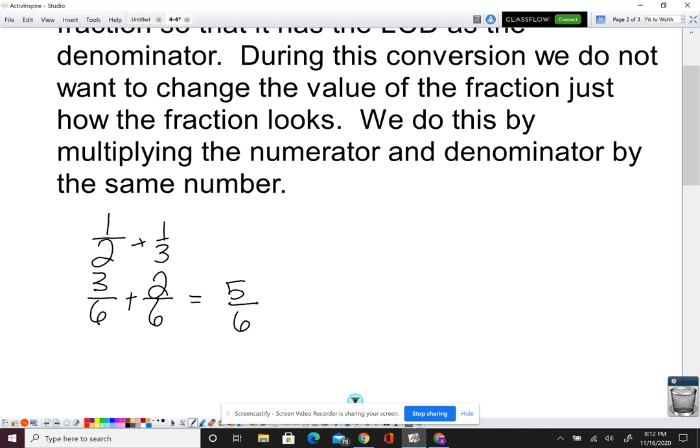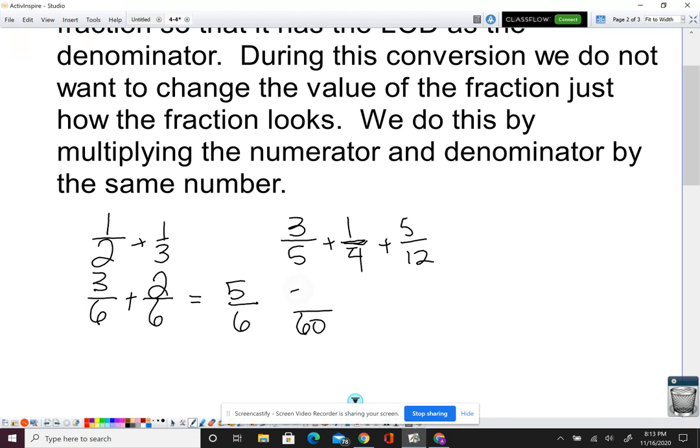Okay, what happens if I want to add 3/5 plus 1/4 plus 5/12? We knew that the least common denominator is 60. 5 times what gives you 60? That's 12.